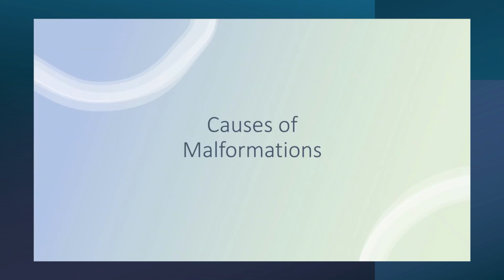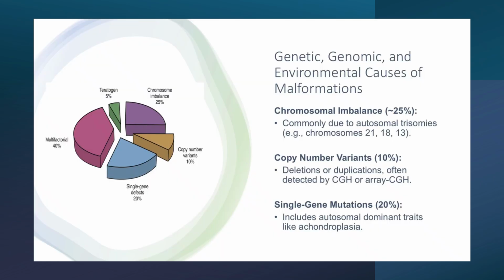We will now discuss in further detail the different causes of malformations. Malformations can arise from chromosomal imbalances, with trisomies accounting for about 25% of cases. Small deletions or duplications, known as copy number variants, make up another 10%, while single gene mutations contribute around 20%.